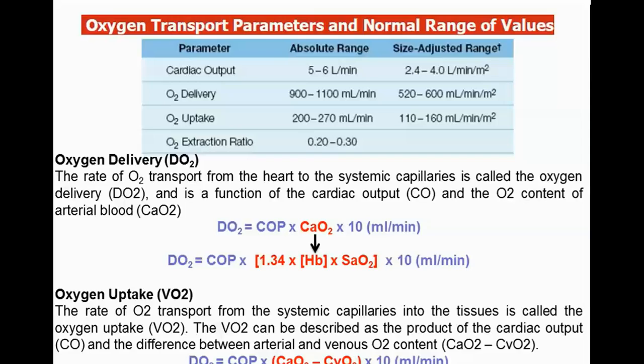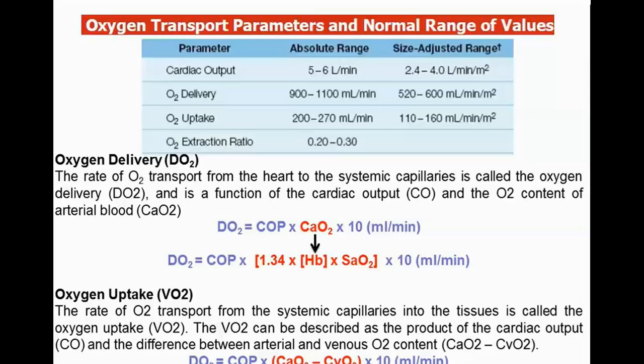Difference 5 milliliter per deciliter. So per liter will be 50. In cardiac output, it will be 250.